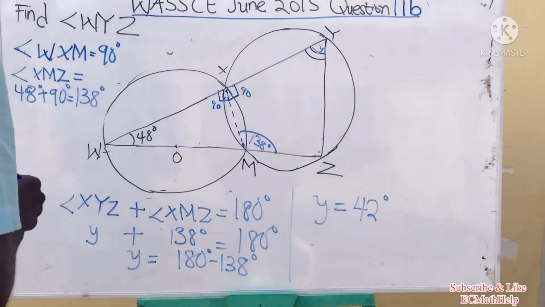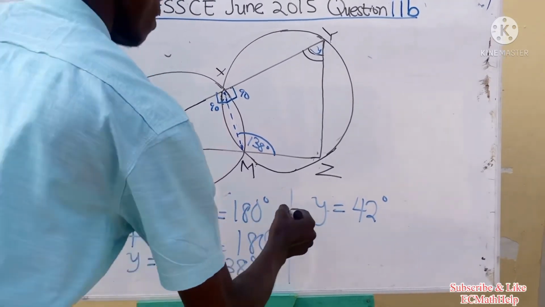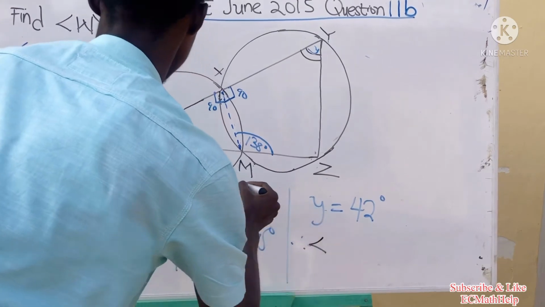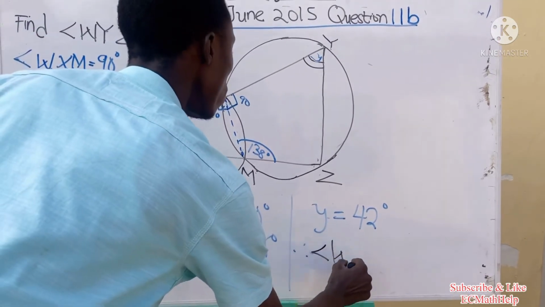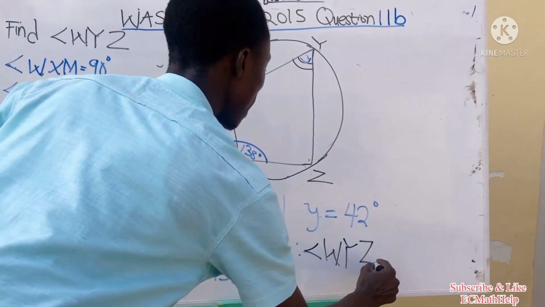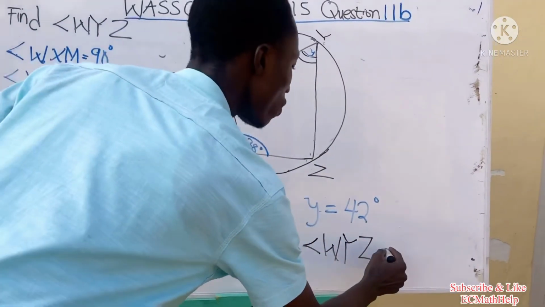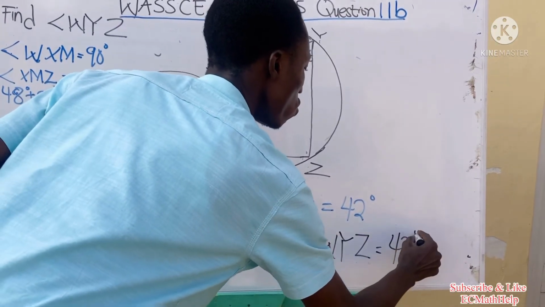Therefore, we can conclude that angle WYZ, which is Y, is equal to 42 degrees.